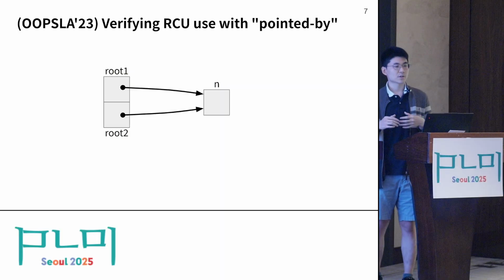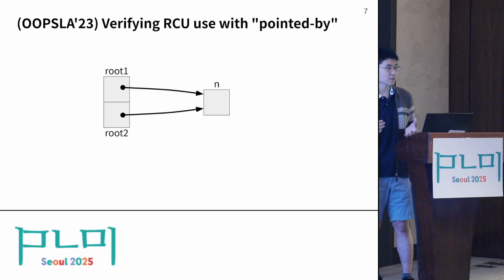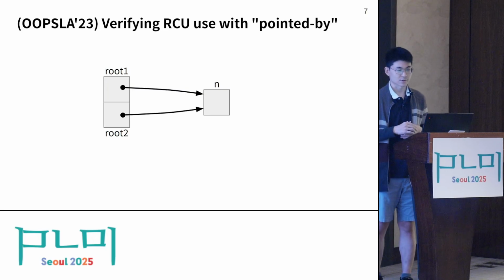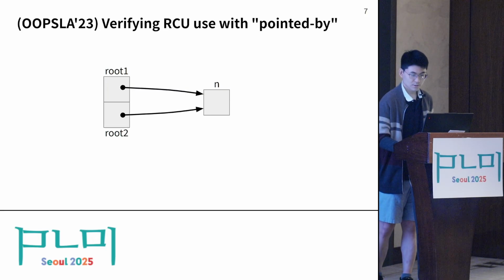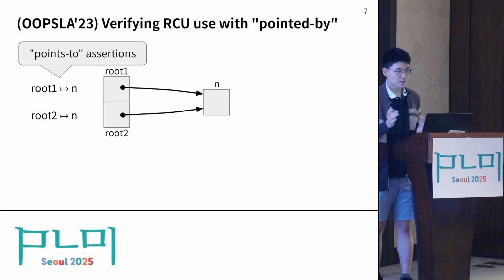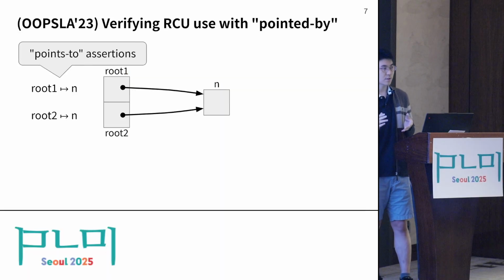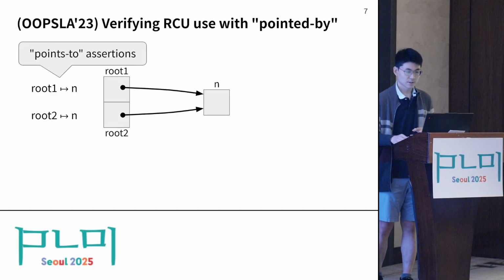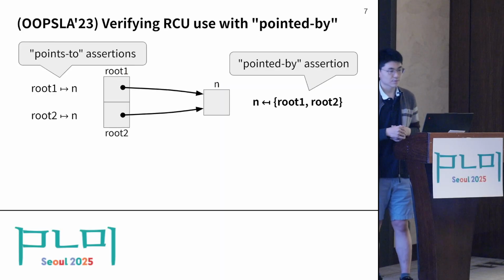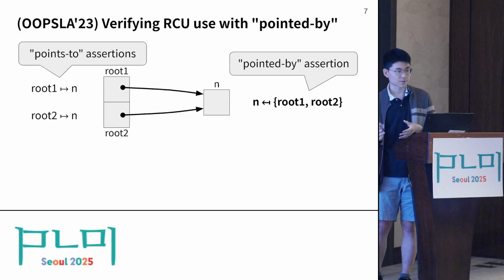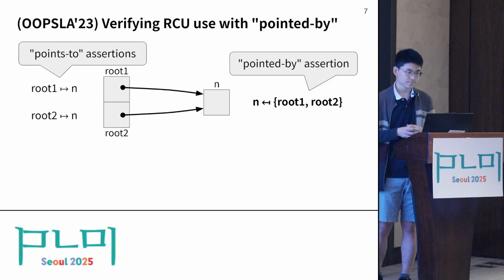This is basically the reverse of the standard points-to assertion of separation logic. So for example, in this case, we simply have root 1 points to n and root 2 points to n. And on the other side, we have the pointed-by assertion that tracks all the incoming pointers to n, which are root 1 and root 2.